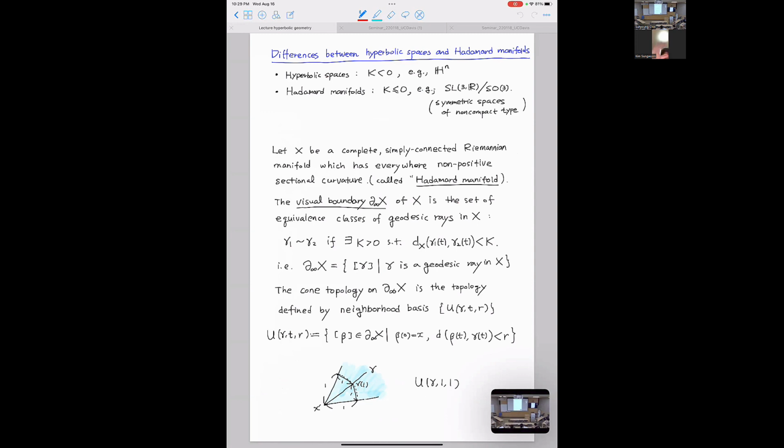So it has totally geodesic subspaces isometric to Euclidean space, and it also has non-positive sectional curvature. There are many differences between negative sectional curvature geometry and non-positive sectional curvature geometry, so I want to show you how they are different.